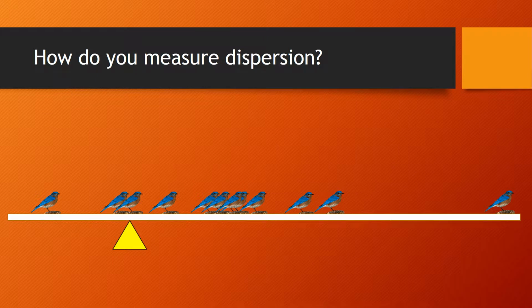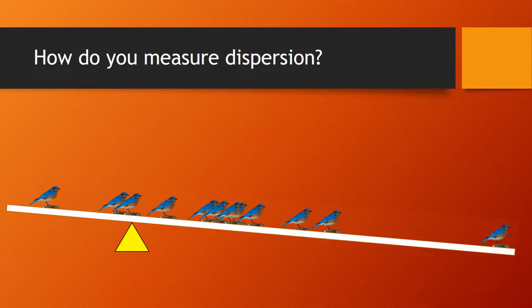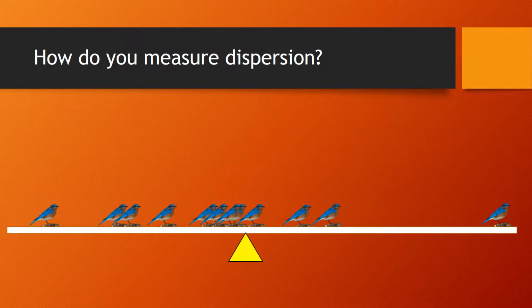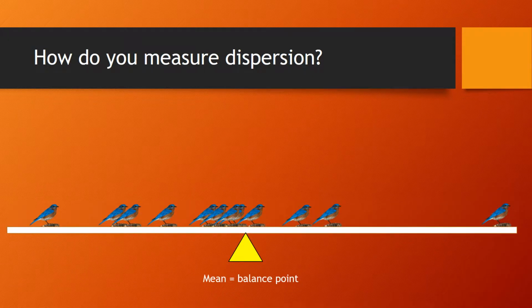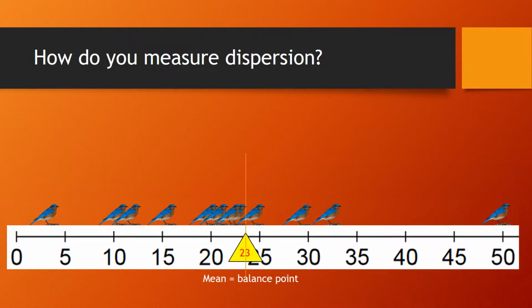Pretty clearly, where the teeter-totter's fulcrum is right now wouldn't work. Those birds would definitely weigh down the board on the right-hand side. So the triangle would have to move somewhere further over to the right, something like that. The balance point is what we're looking for, the point at which the teeter-totter would just remain level. So let's put our number line back on and see where that would be. Looks like about 23 on our line.